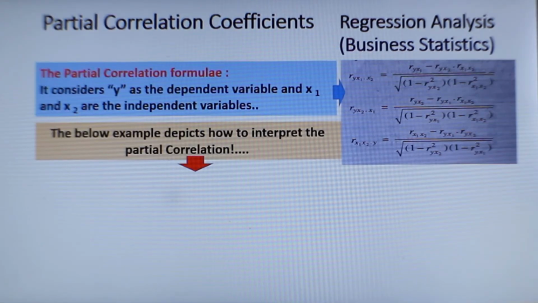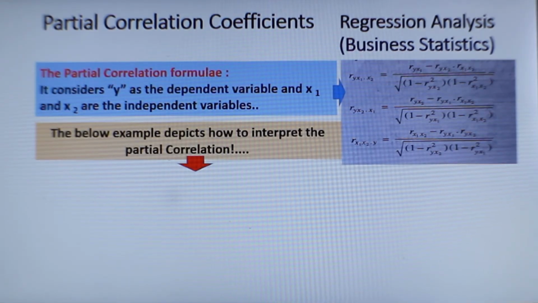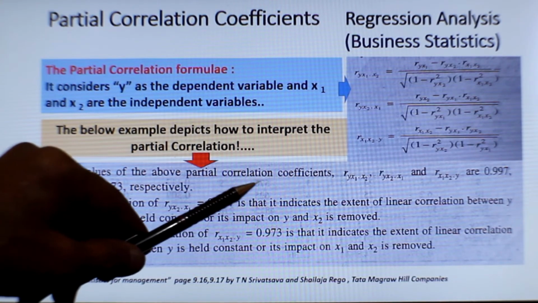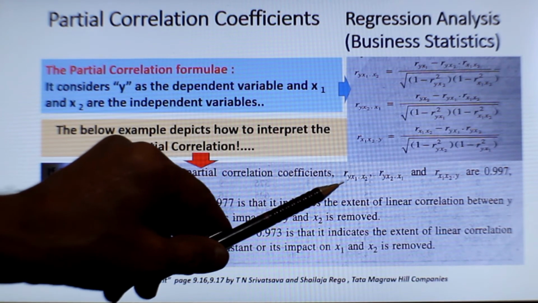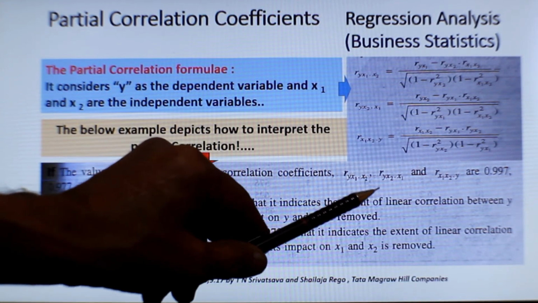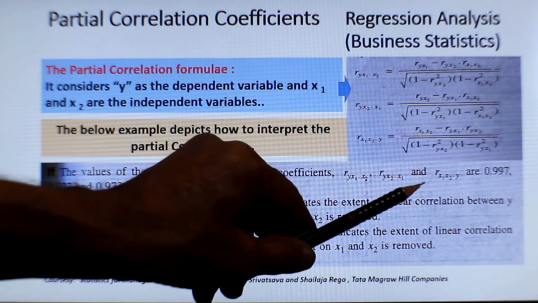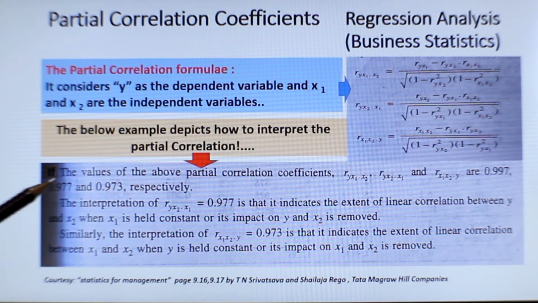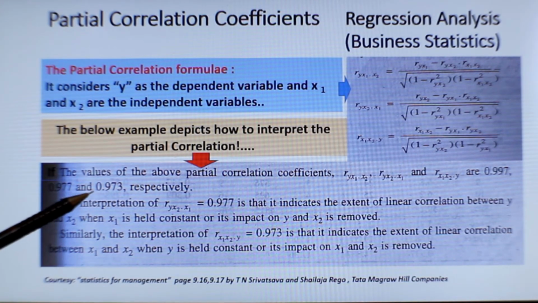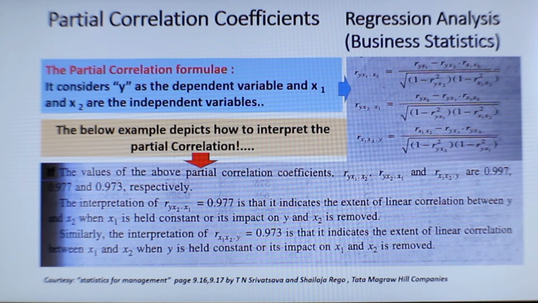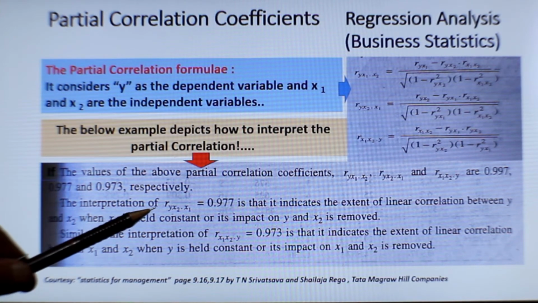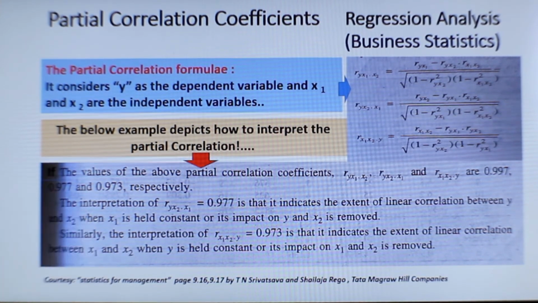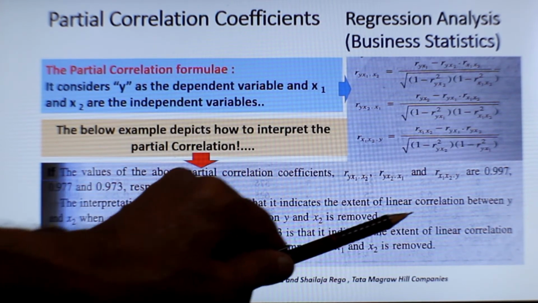I will explain the partial correlation coefficient in this example. If the values of the above partial correlation coefficients r y x1 dot x2, r y x2 dot x1 and r x1 x2 dot y are 0.997, 0.977 and 0.973 respectively, then the interpretation is that r y x2 holding x1 at a particular value is 0.977, and that indicates the extent of linear correlation.